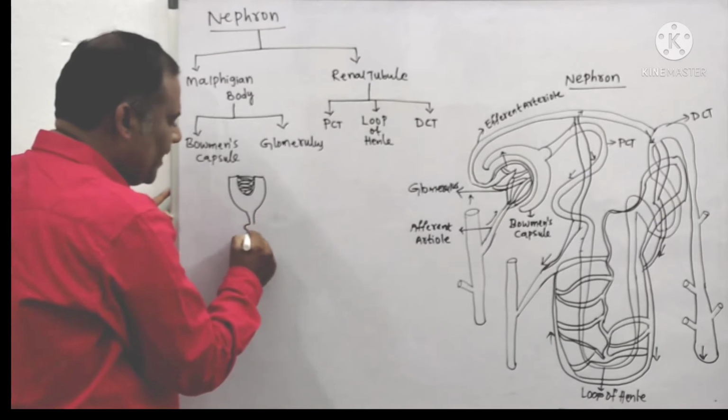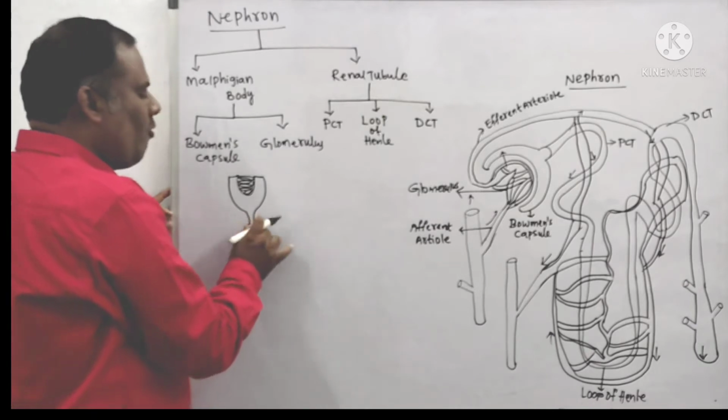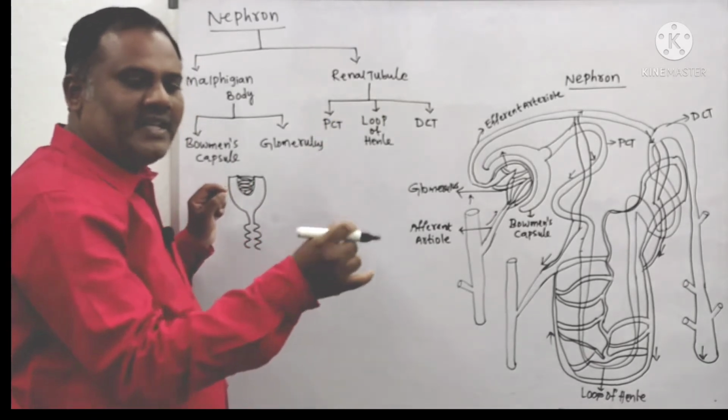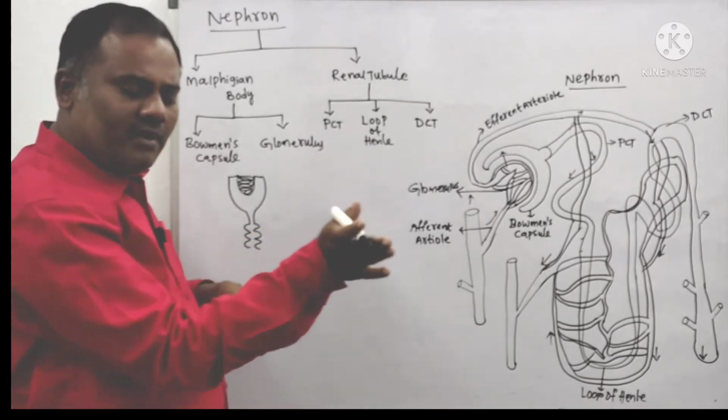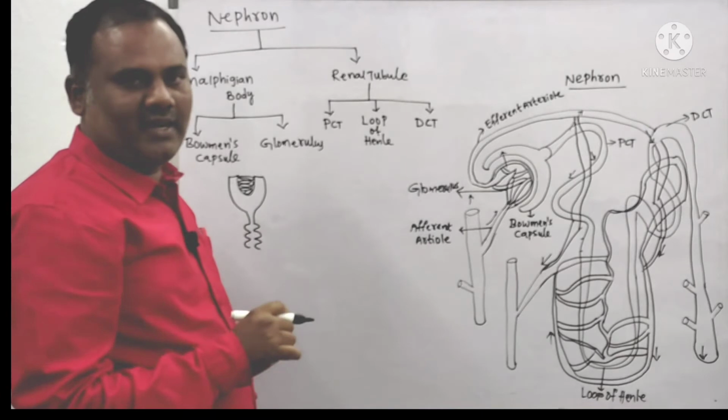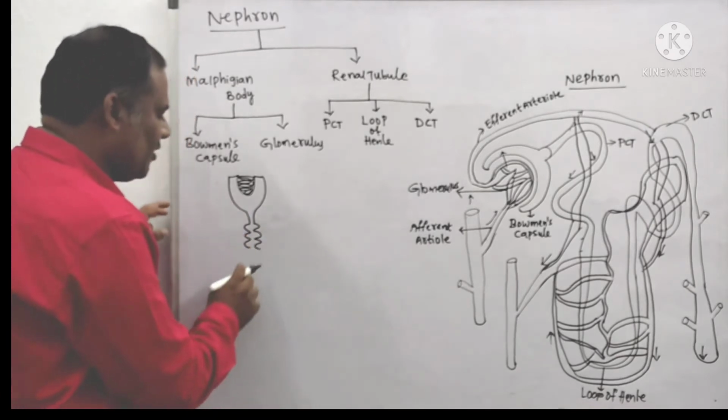This tube is convoluted. What is meant by convoluted? Convoluted means having turns in it, not a straight line.